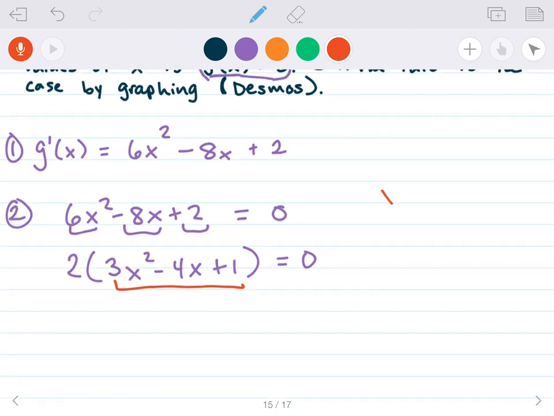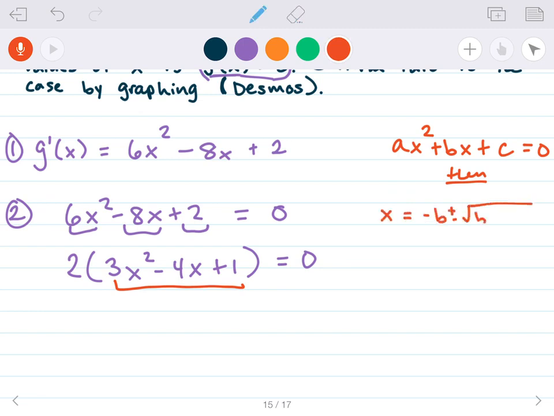So remember, our quadratic formula says that, if I have a quadratic of the form ax squared plus bx plus c, where a, b, and c are numbers, if I have that, then x is equal to negative b plus or minus root b squared minus 4ac, all divided by 2a.